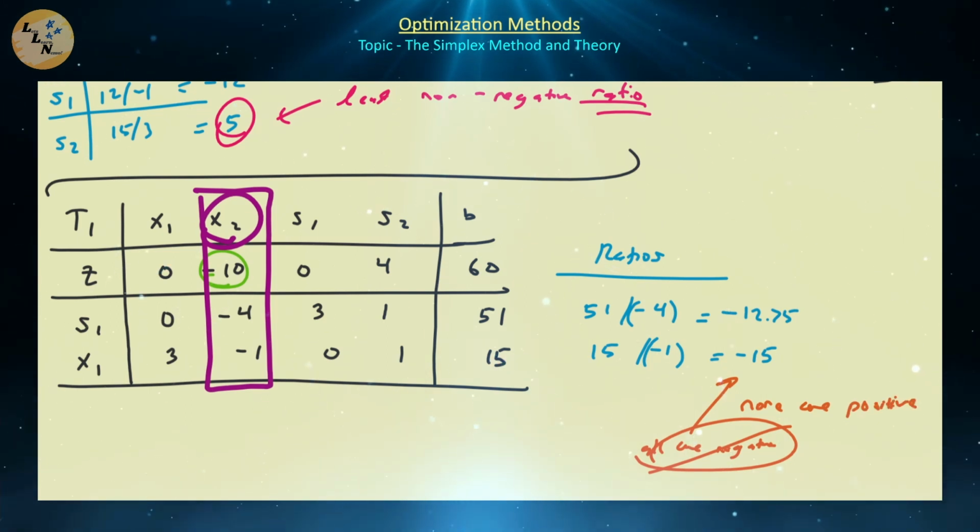Sometimes you have, for example, a division by 0, which of course could be positive infinity, but none are positive, right? So if none are positive, that means there is no replacement variable, and that's a sad thing, right? So our entering variable will be x2, but there is no variable for it to replace.